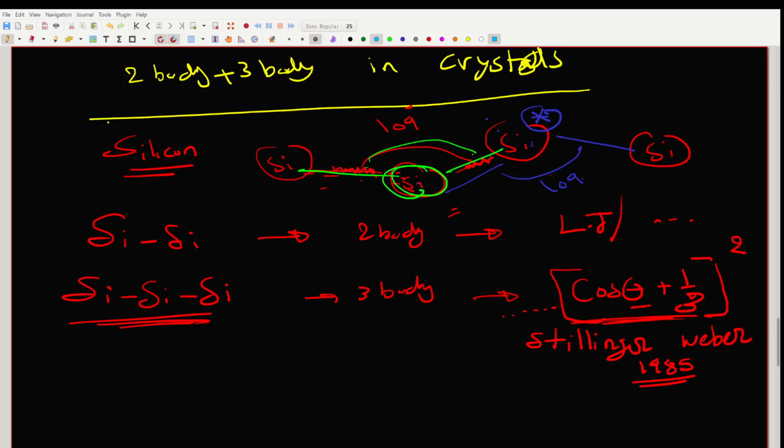And finally, crystals are extended systems, so you definitely have the two-body and three-body terms, and the classic example here is silicon, to maintain the tetrahedral angle. One thing to be cautious about in crystals is that each atom is supposed to be a center and a periphery of an angle, an arm of an angle.